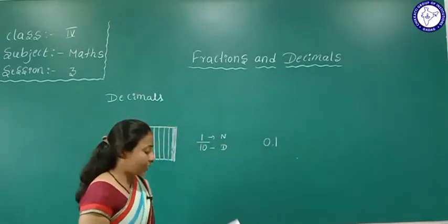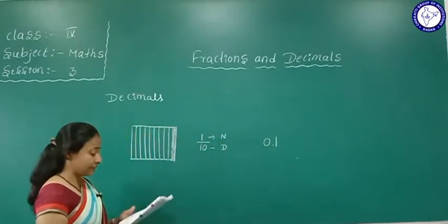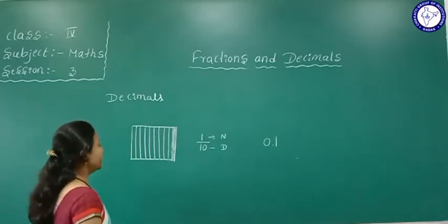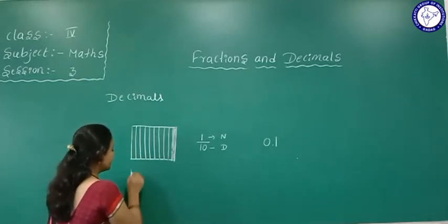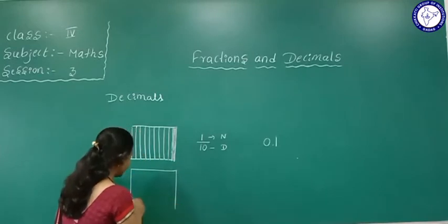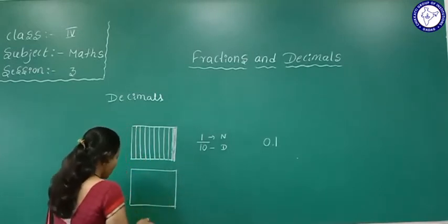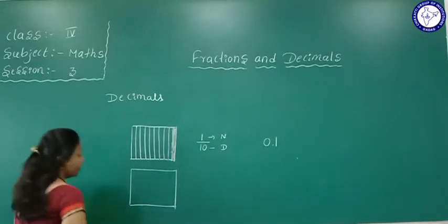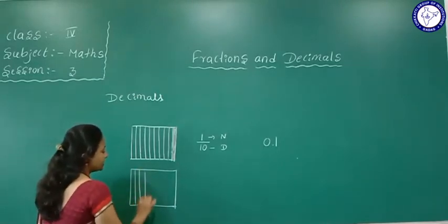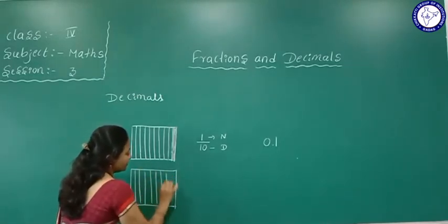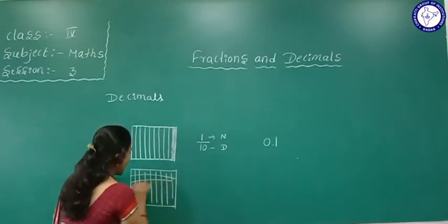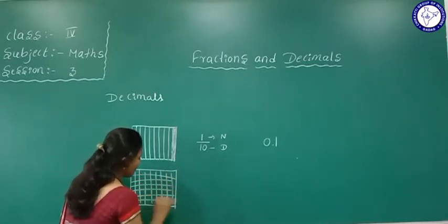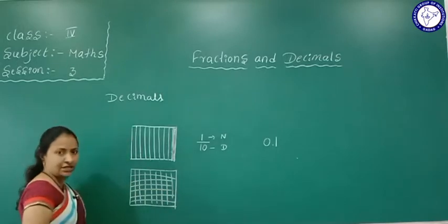Okay, here in this method, if there are 100 parts in a square, so 100 parts are there in a square, and in 100 parts only one part is shaded.